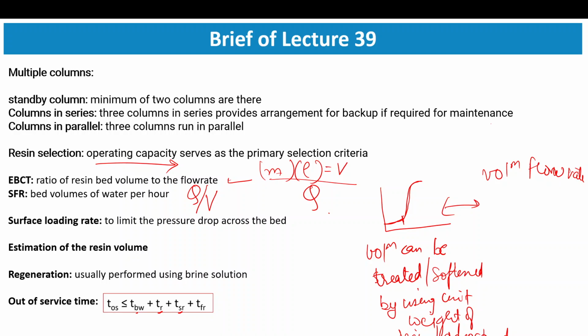With basic considerations of cost and land, you optimize the size of your column and the resin or adsorbent you will be using for that particular flow rate, right? That is how you estimate the amount of ion exchange resin you use.